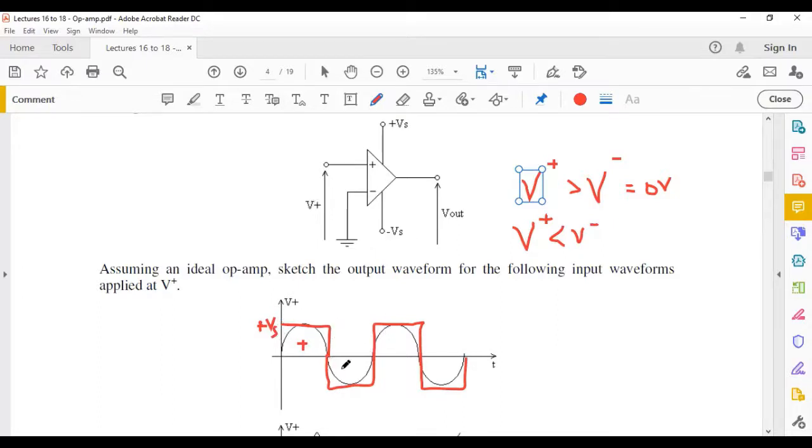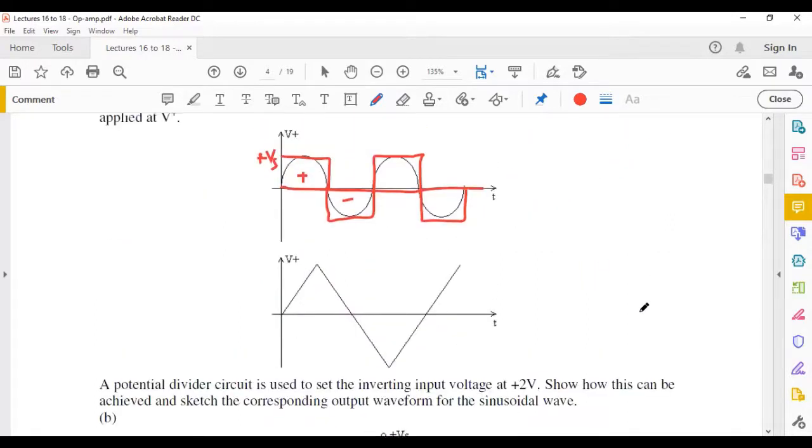In the negative half cycle, where your V plus becomes less than your V minus, it's naturally negative saturated, and so you have a square waveform. It's basically comparing the two inputs. And this is the level of your reference, which is at 0 volts.